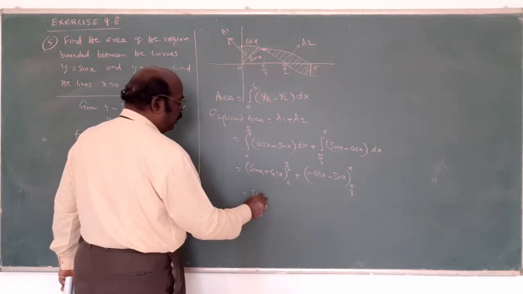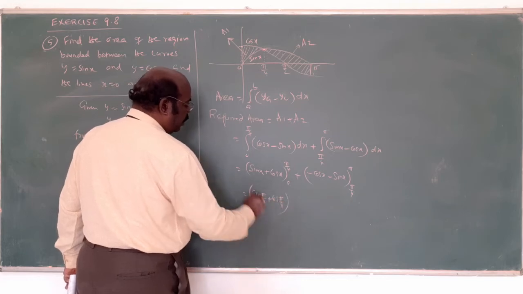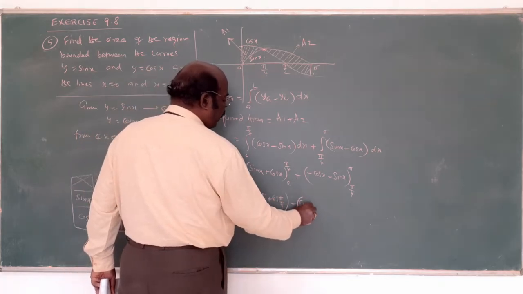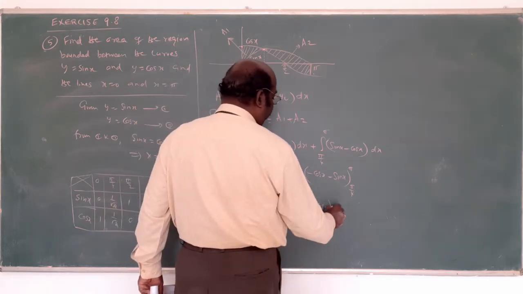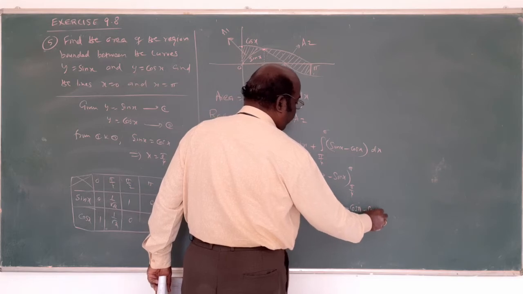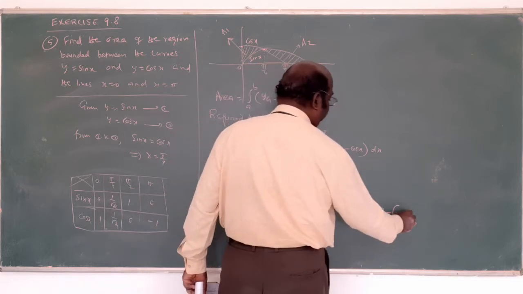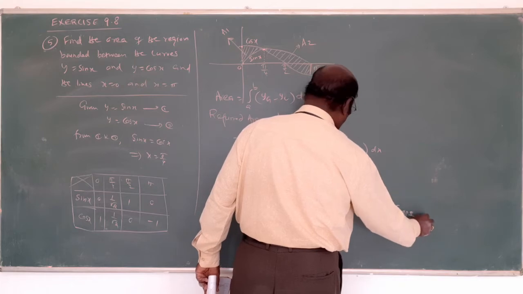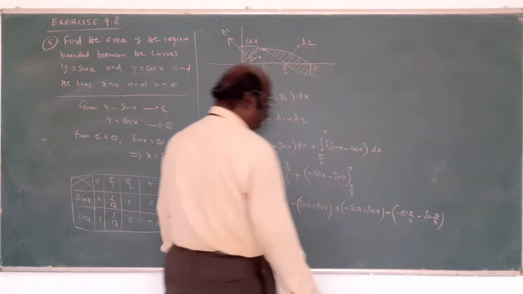Now apply the limits: sin pi by 4 plus cos pi by 4, minus sin 0 plus cos 0. Next, plus: apply minus cos pi minus sin pi, minus minus cos pi by 4 minus sin pi by 4. Am I right?